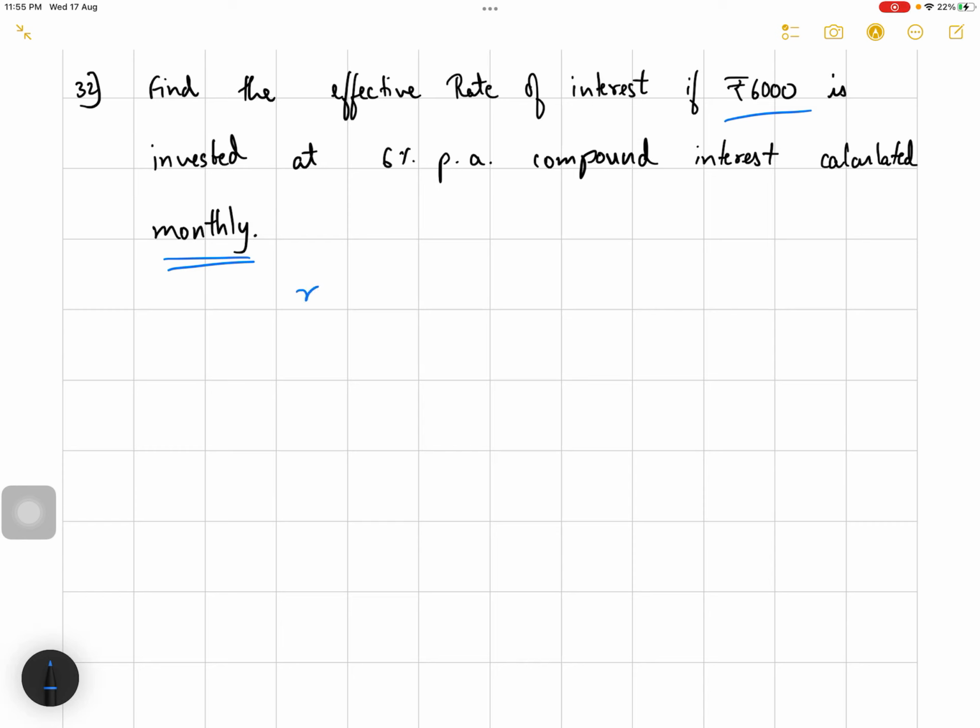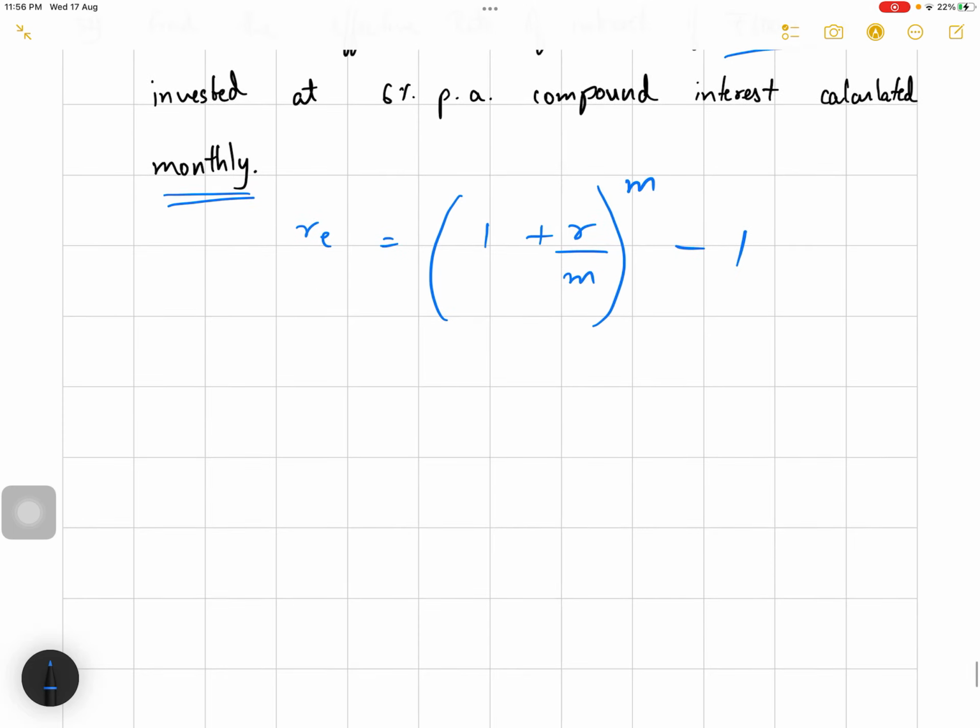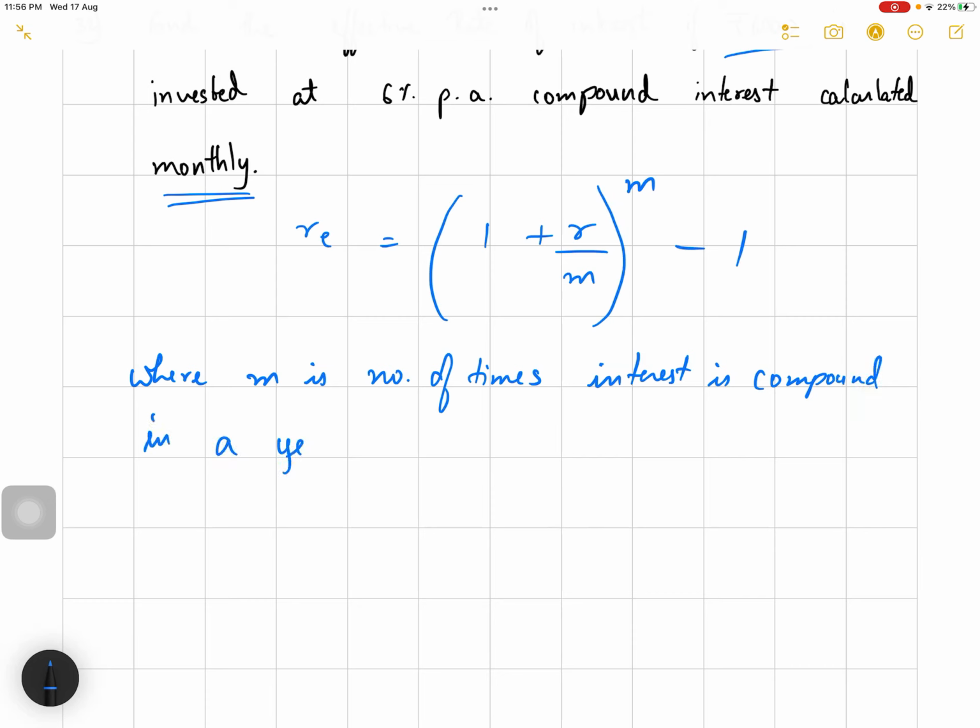So RE = (1 + R/M)^M - 1, where M is the number of times interest is compounded in a year.